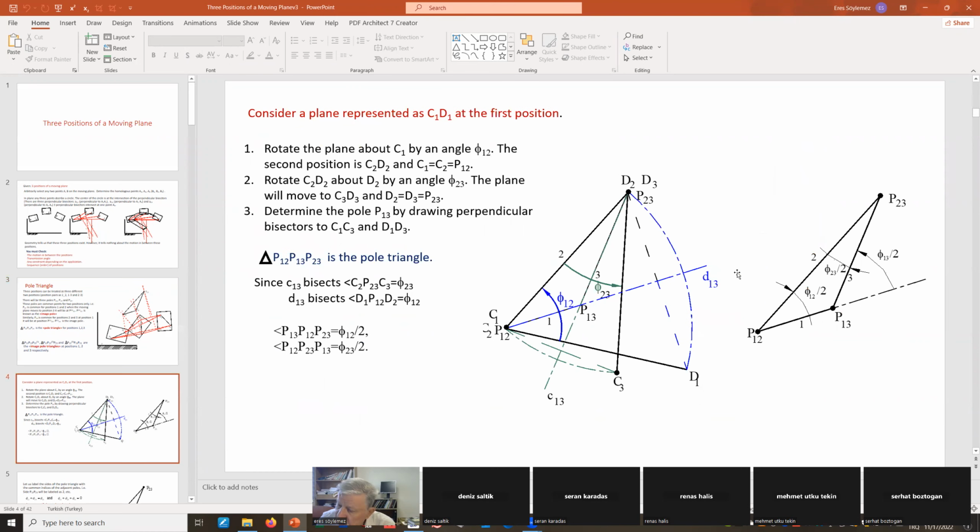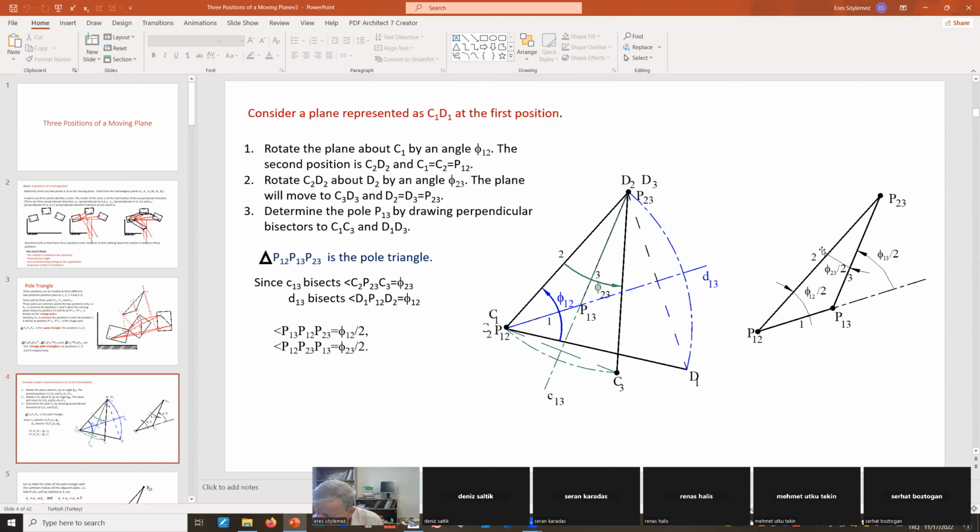Now, the internal angles of the triangle: if I label the sides by the common subscript, P12, P23 as 2, P12, P13 as 1, the angle formed by this triangle from side 1 to side 2 is equal to half of the angular rotation from position 1 to position 2, phi12 over 2.